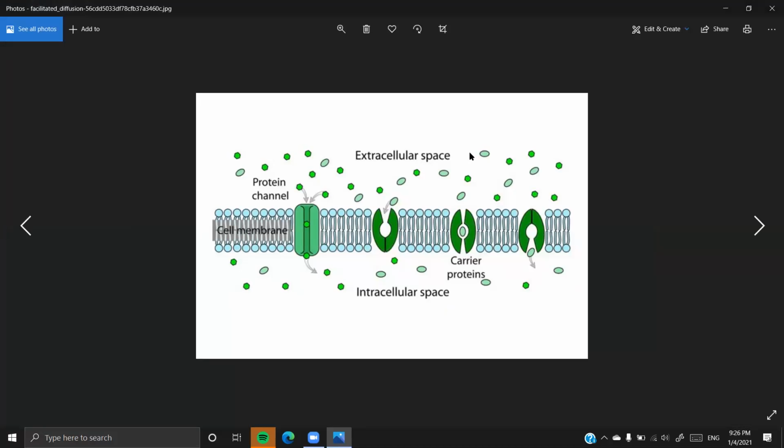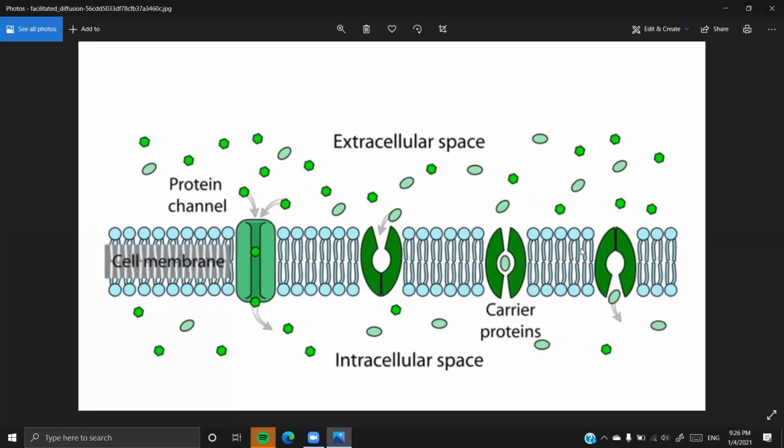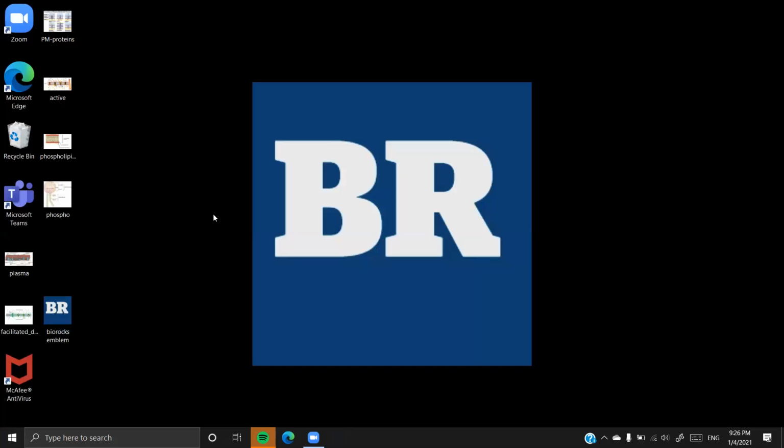These are the proteins which change their shapes. These are the carrier proteins. This is the ion channel once again, but here I am speaking about glucose molecules getting transported without any ATP. And we have other carrier proteins which change their shapes accordingly and move molecules across your cell membrane.